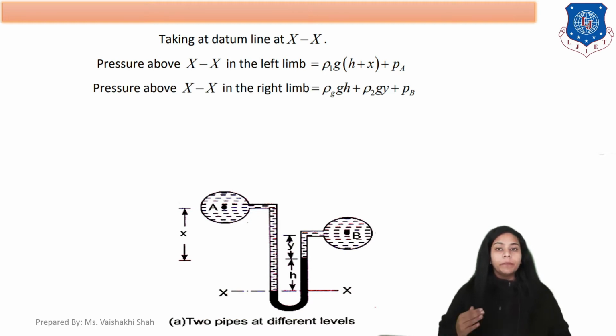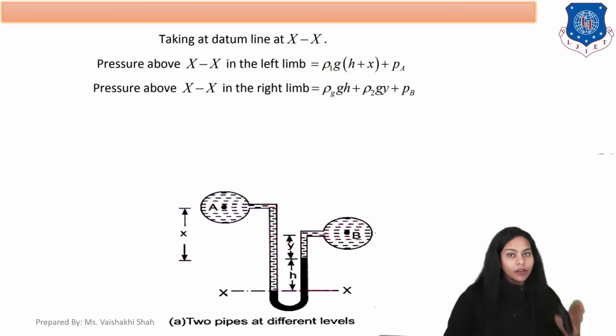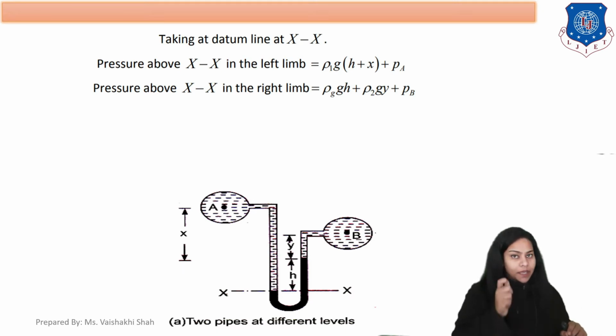Now, pressure above XX in the right limb, where there is pipe B. First, the pressure at the center of the pipe at point B, that is PB.